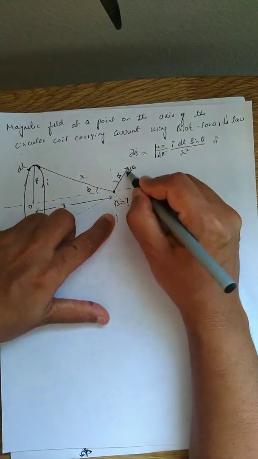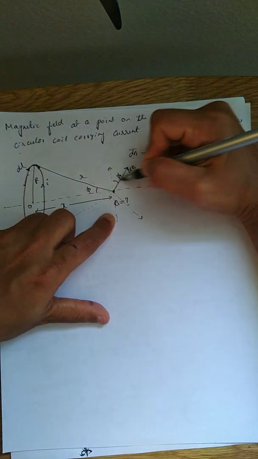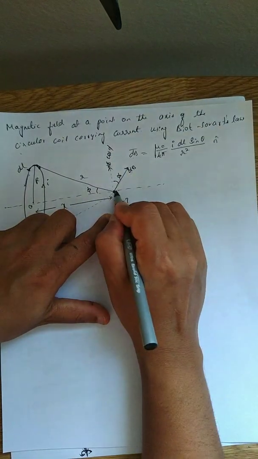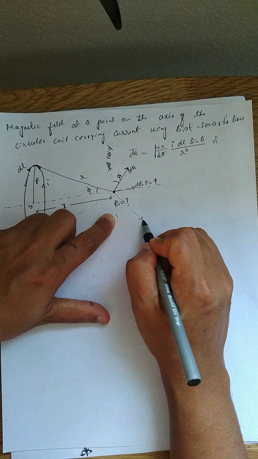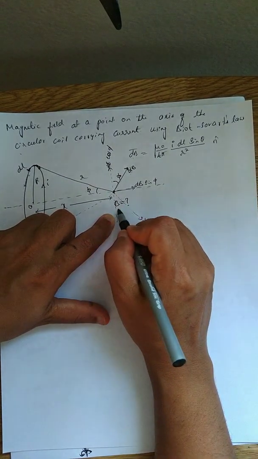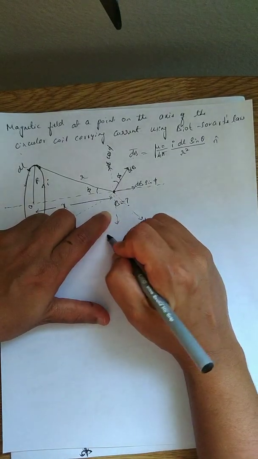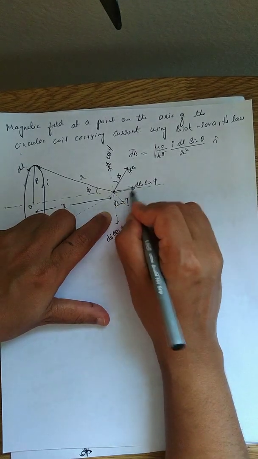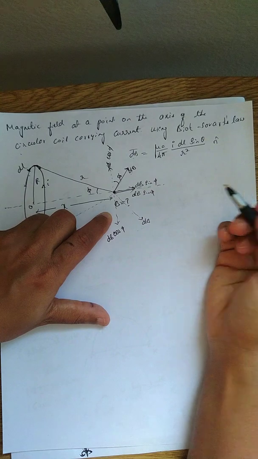Now if you resolve this, this will be the cos component, dB cos phi, and this will be the sine component, dB sine phi. Here, if you resolve this, again this will be the cos component dB cos phi, and this will be the sine component dB sine phi. What is happening?